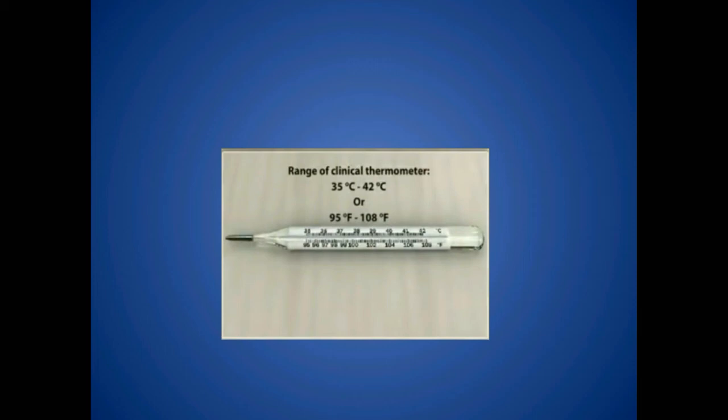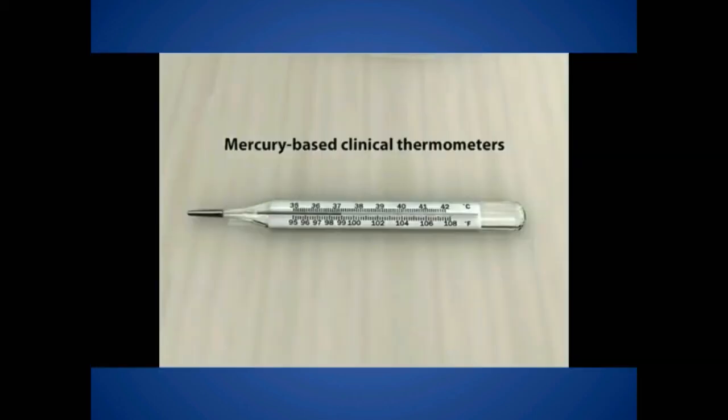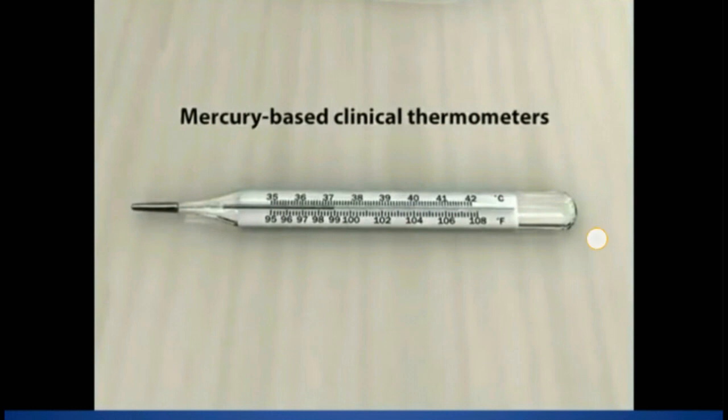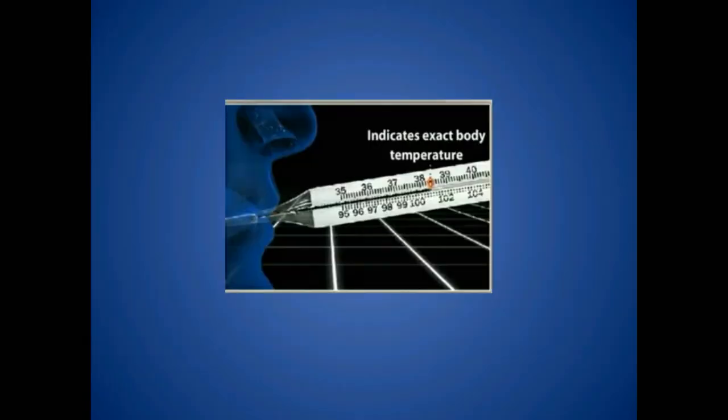Now, what is the working of a clinical thermometer? How does it work? See, this is the picture of a mercury based clinical thermometer. In this thermometer, a clinical thermometer is placed inside the mouth for measuring the temperature of the body.